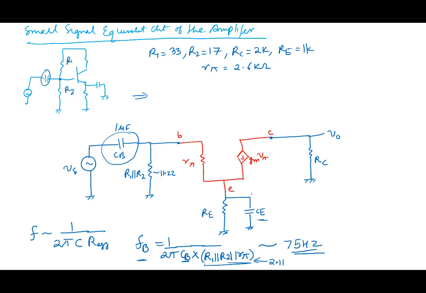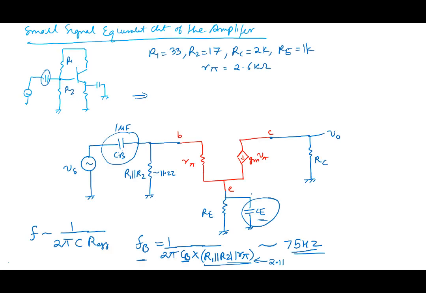The other assumption is, well, CE is causing the 3 dB frequency, and CB we will consider as short. So if we do that, then F is equal to, again, 1 over 2 pi CE. Now what is the effective resistance seen here? Remember we said when you look from here, what is the resistance that you see?